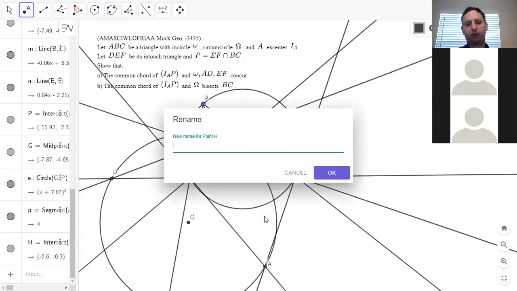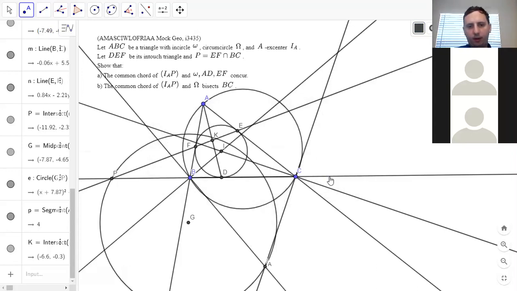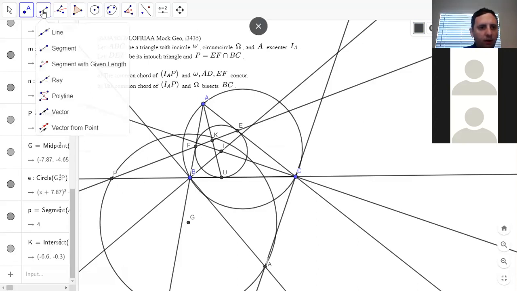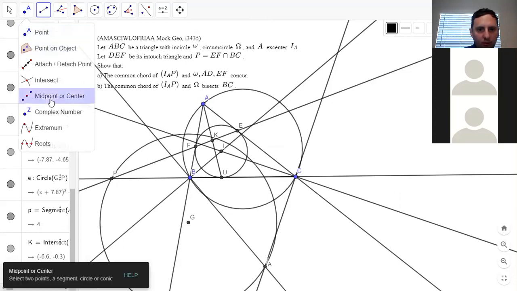I'll call it something else, K. We want to show that K has the same power with respect to the incircle and that circle. That circle looks like it passes through the midpoint of EF. Okay. IAP, that circle.